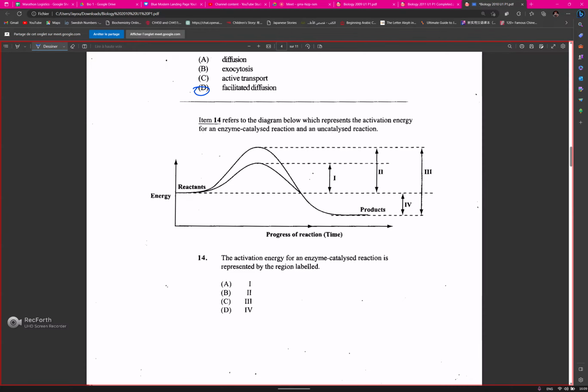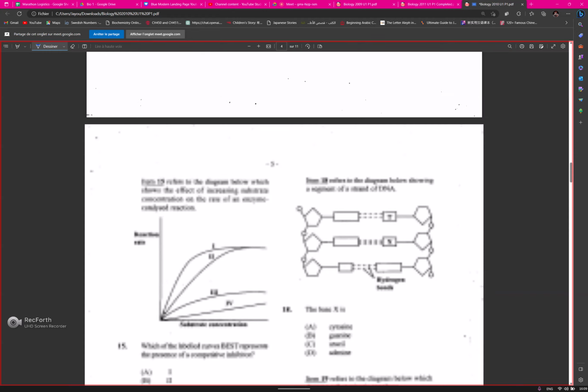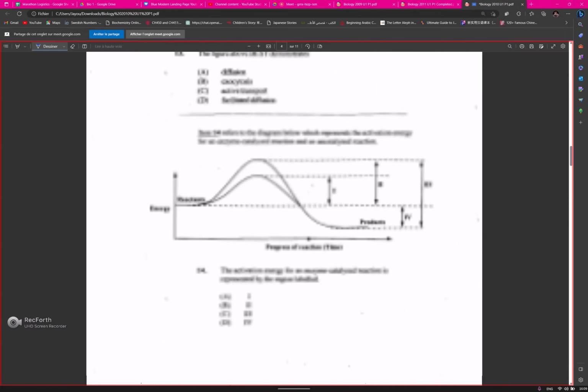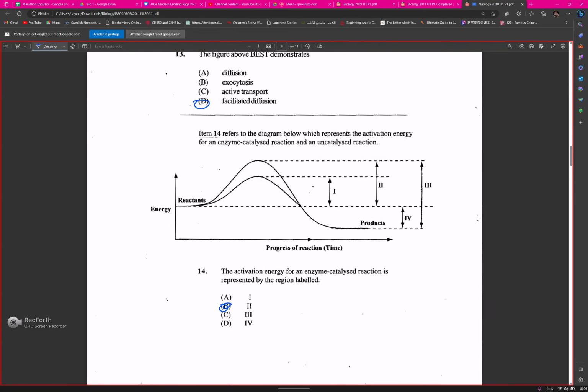E, beautiful. Right? Now, 15. Which of the labeled curves best represents the presence of a competitive... of an enzyme catalyzed reaction.